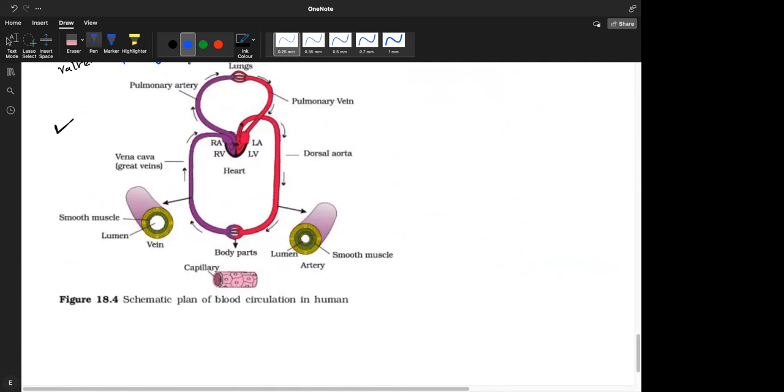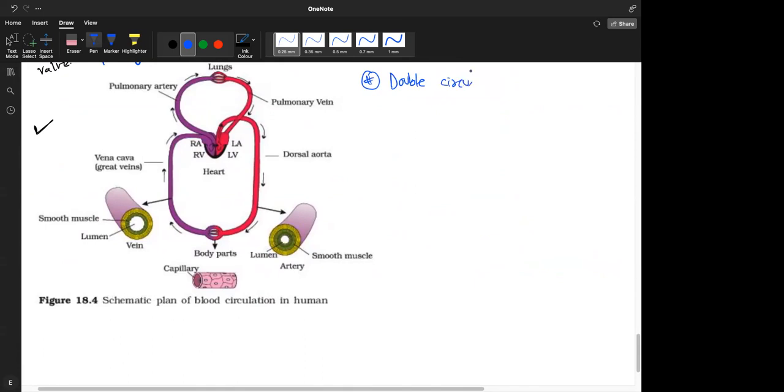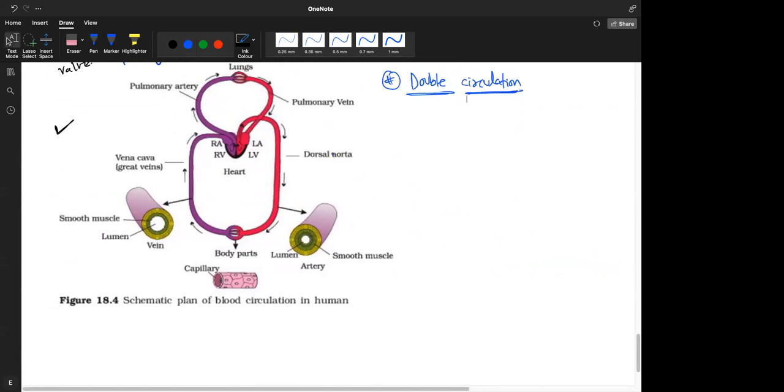So now I'll be talking about something which is in a book and is known as the cardiac cycle, and before that, the double circulation. So what is double circulation? Why we call it double circulation is because of the same blood. If I tag a blood cell, let's say out of millions and millions of blood cells, there is one RBC that I have somehow marked, I put a tag on it.